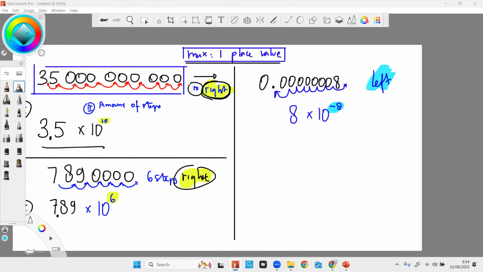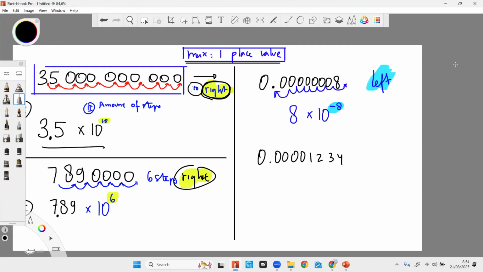Okay, one more example. 0.00001234. Okay, it's more complicated. Focus on the first thing first. Maximum one place value here. 1.234. Cannot be 12.34. Cannot be even 0.1234. That's wrong. Okay, 1.234. And then you multiply by 10.